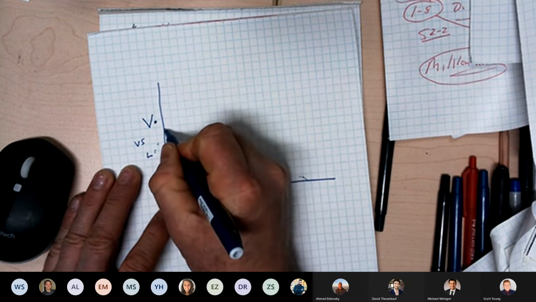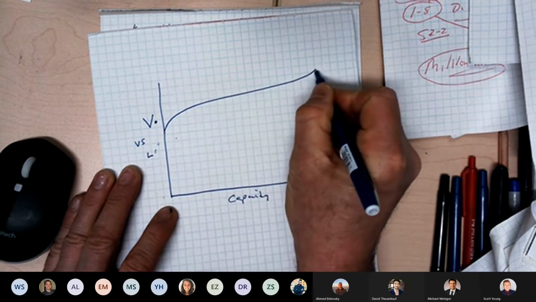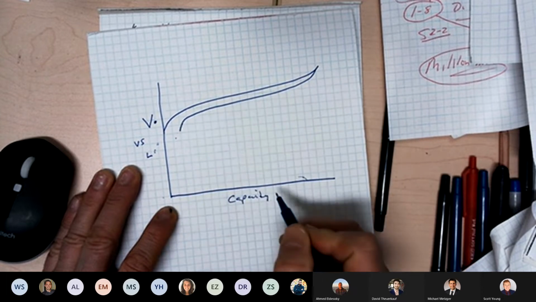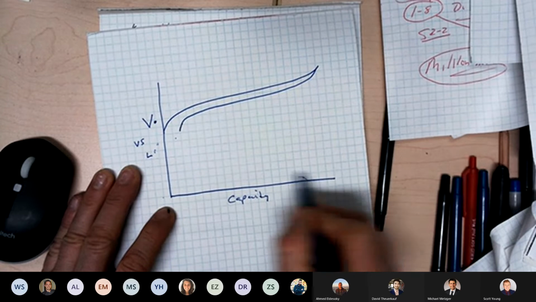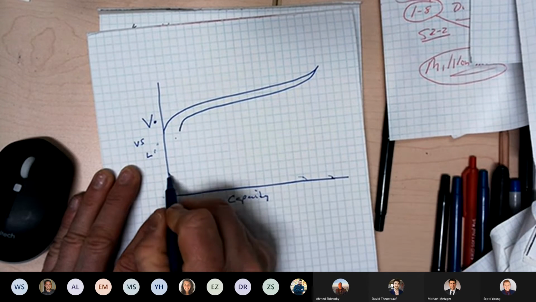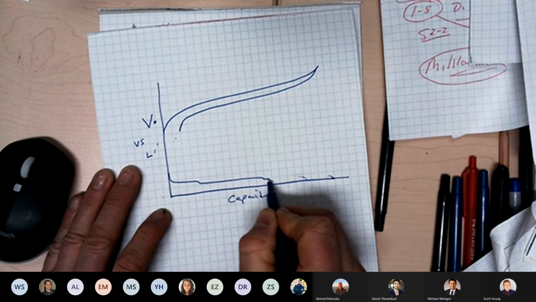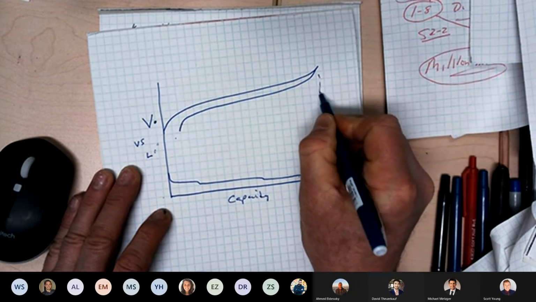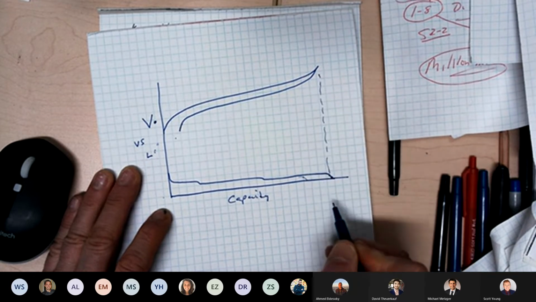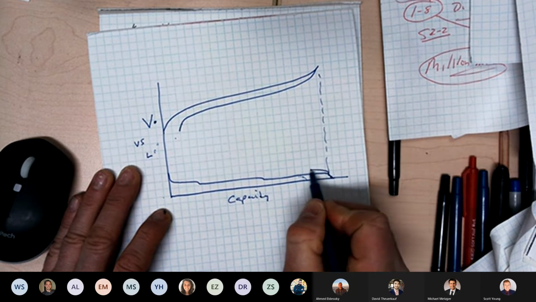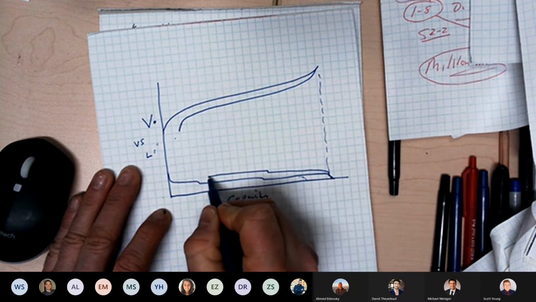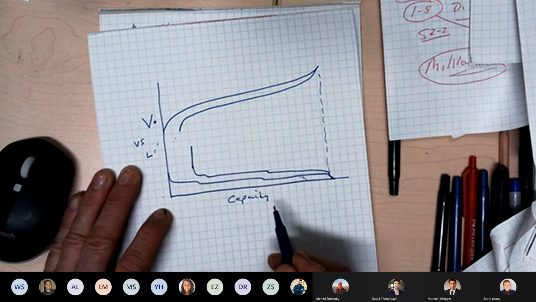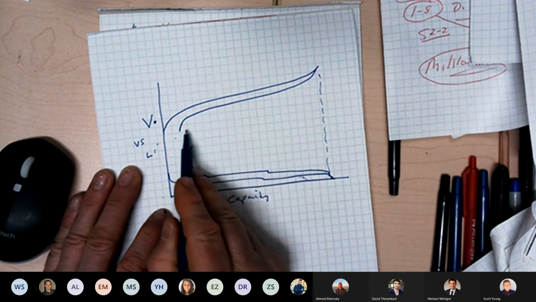And the positive electrode will go up sort of like this and come back sort of like that. And the negative electrode for a balanced cell goes out like this to the same point, and then comes back and typically has a larger irreversible capacity than the positive.